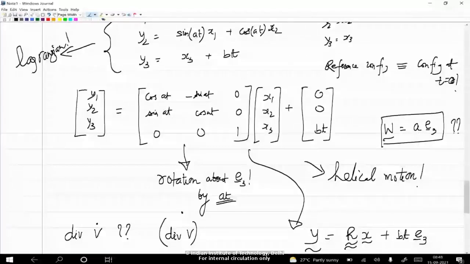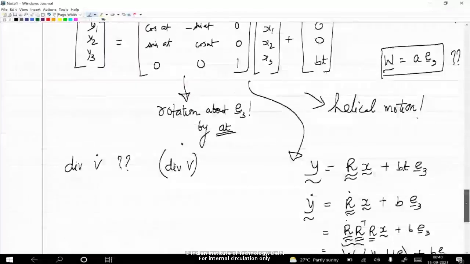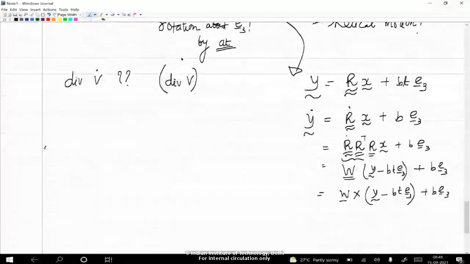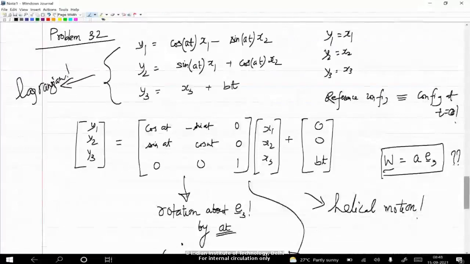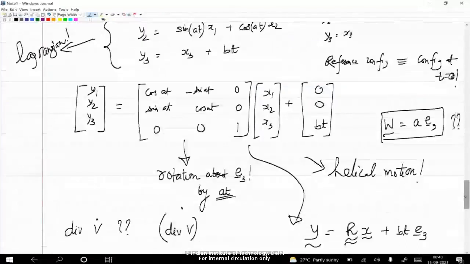We can also derive it actually. Let's try to derive this. So big W is R dot R transpose, no? For the given R, when you do the dot, you have in the argument at.